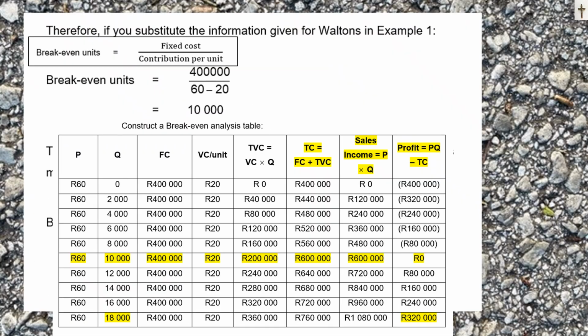Now what we just did is we derived this break-even, how many units need to be produced or sold in order to break even, how many units. So the formula which we just derived is fixed cost divided by contribution per unit.